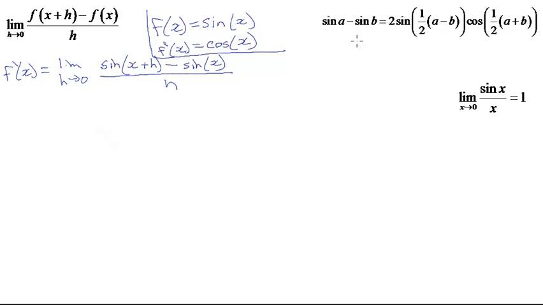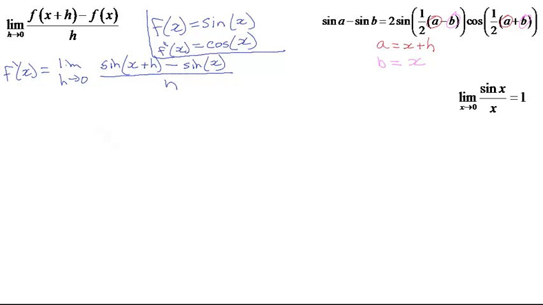And in our example we have x plus h for a, so we're going to say a is x plus h. And everywhere we see a, we're going to write that in. And b is going to be x. So everywhere we see b, we're going to write x. And that's how we'll simplify the numerator, and we'll just leave h in the denominator.